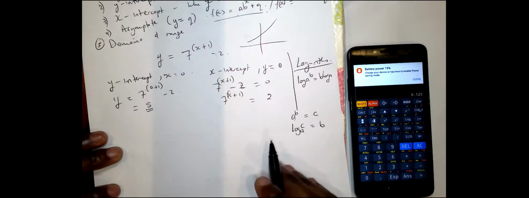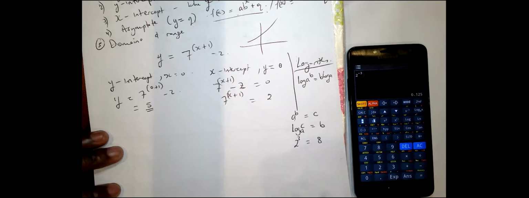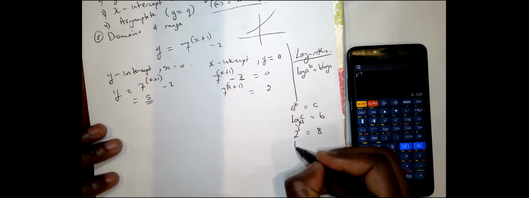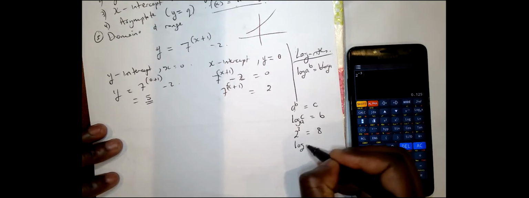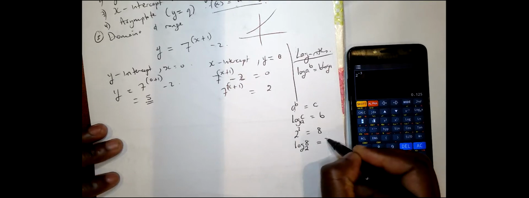Let's have an example. 2 to the power 3 is equal to 8. Then in terms of log, we say log base 2 of 8 gives us 3.